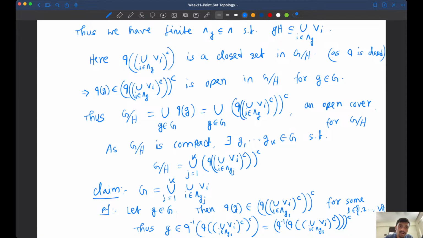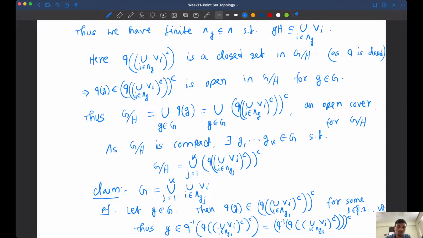If I again take the complement, then it belongs there. So for each g, qg belongs to this big complement of the sets. And now these sets, each being open, cover the whole of G mod H. Now as G mod H is compact, I will get finitely many g1 through gk such that they cover the whole of G mod H.